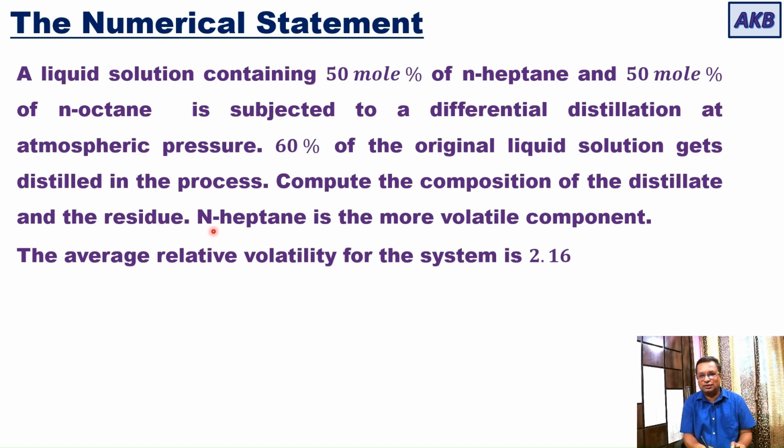So we know which one is the more volatile component, and the average relative volatility for the system of N-heptane and N-octane is given to us, it is 2.16.